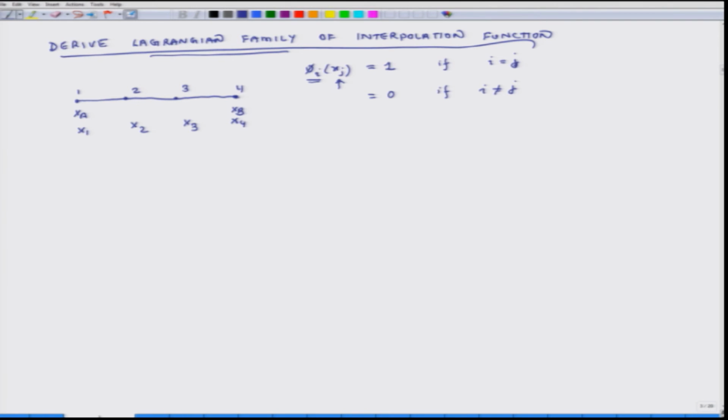And similarly, the value of phi 4 is going to be 1 at node 4 and 0 at all other nodes. So, this is a property of Lagrangian family of interpolation functions. This is an important property. Actually, it is a property of all interpolation functions. So, this is an x coordinate system.